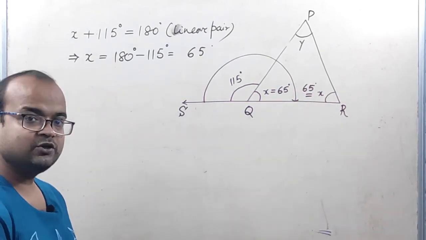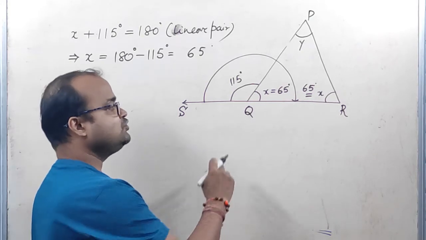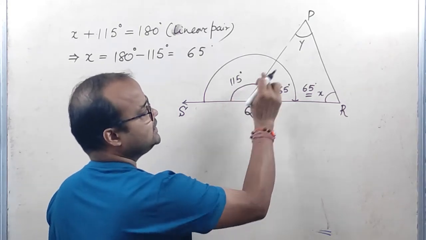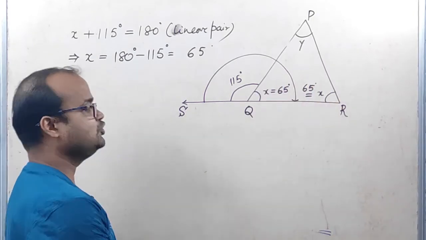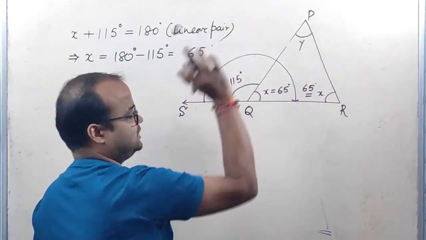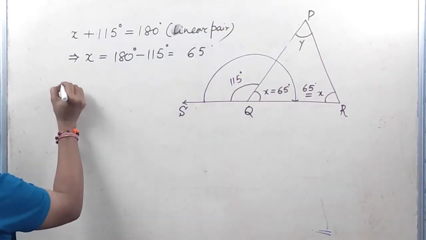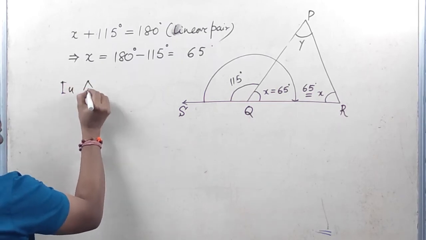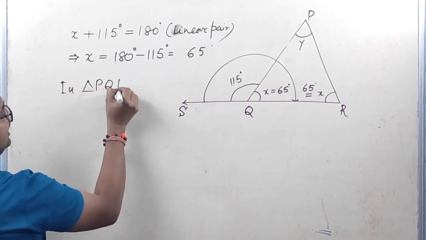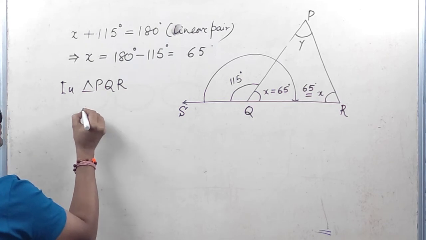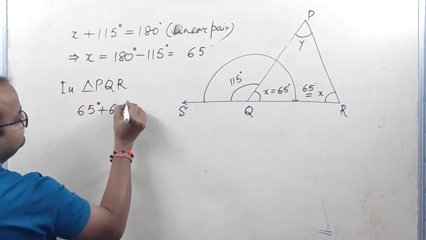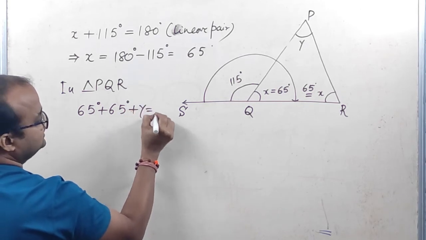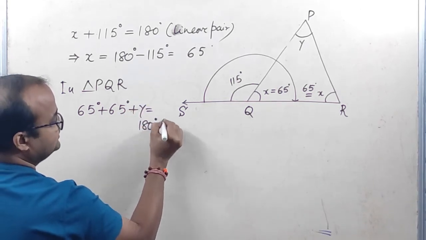Now we need to find y. Either you can use the external angle equal to the sum of the internal opposite angles, or you can use the angle sum property. Here I am using the angle sum property. In triangle PQR, 65 degrees plus 65 degrees plus y equals 180 degrees.